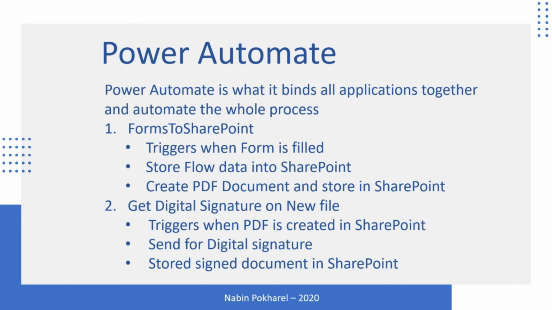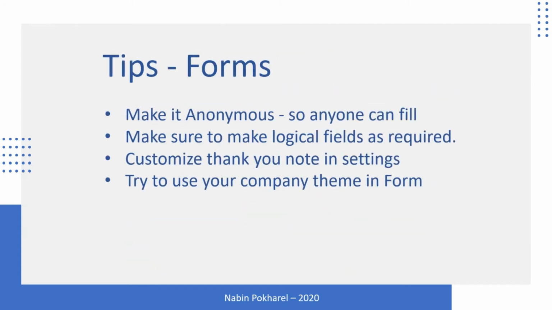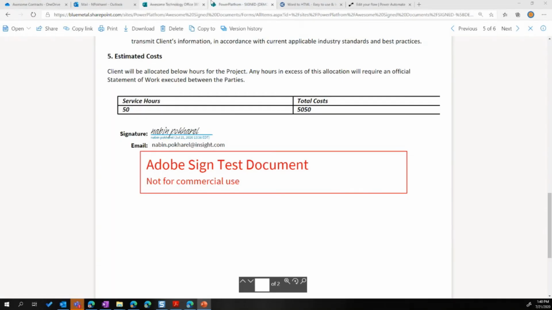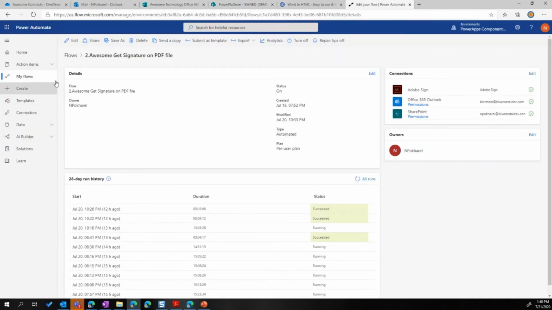Then it is uploaded into Adobe Sign, and Adobe Sign will take care of the digital signature. And once it is signed, it is stored in SharePoint. Then, okay, before going to tips, let me go back to Power Automate and show you.